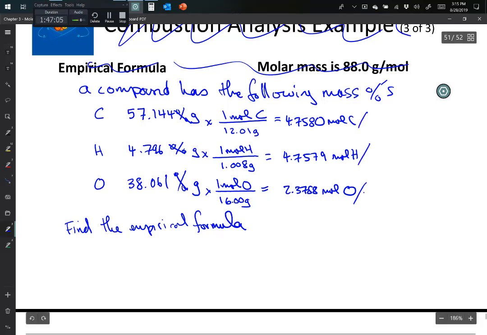This is the smallest, 2.3788. This is moles of oxygen that we're dividing by.